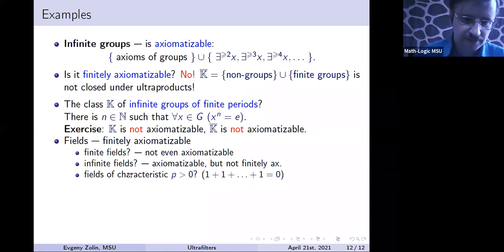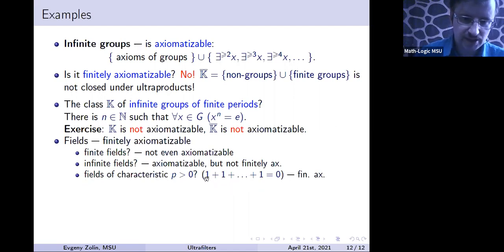And of course, there are fields that don't have this property, for example the field of real numbers. We say that they have characteristic 0. The question is: the class of fields of characteristic p, is it axiomatizable, finitely axiomatizable? Well, of course, it is finitely axiomatizable.